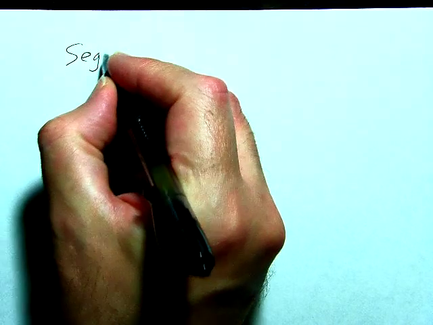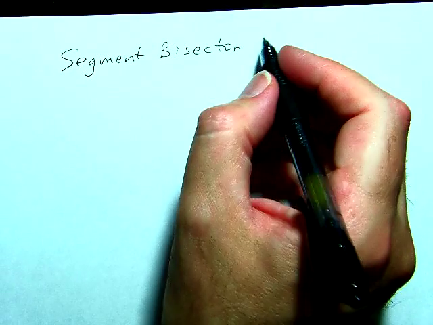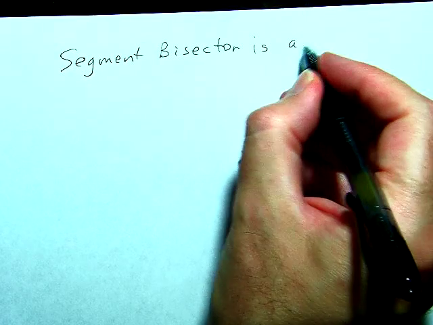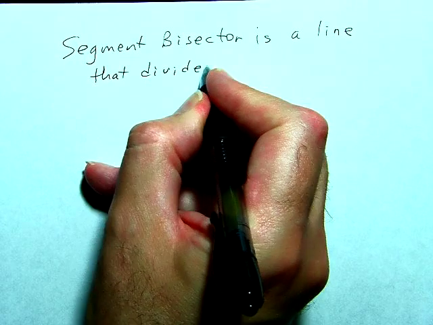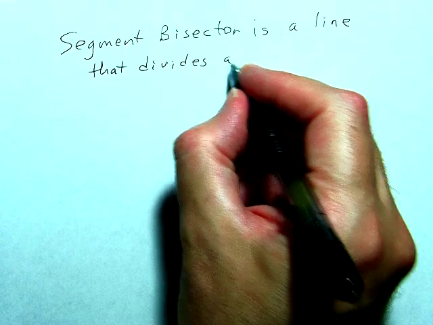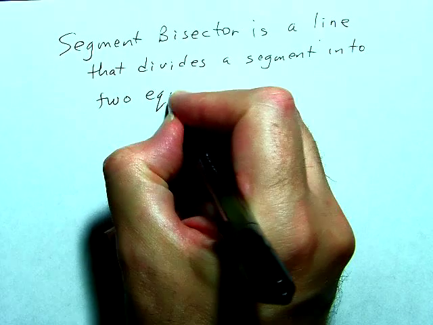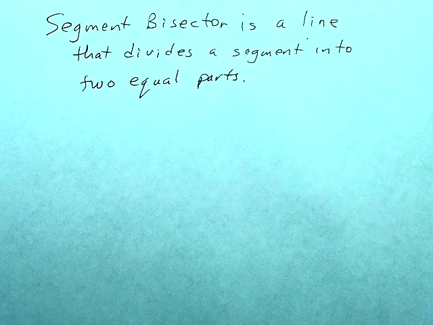So a segment bisector is a line that divides a segment into two equal parts.